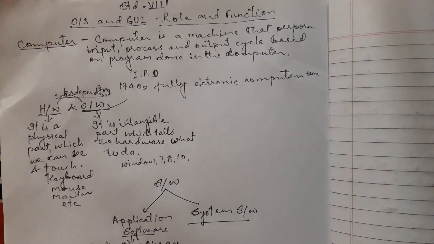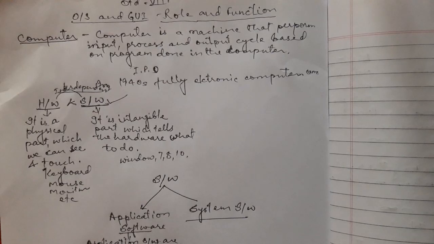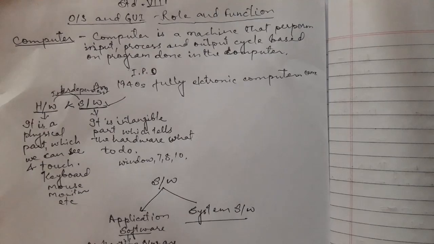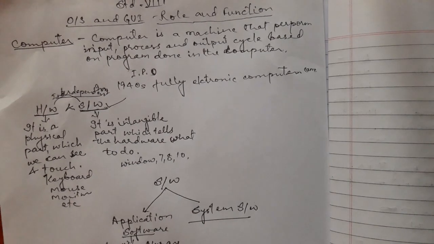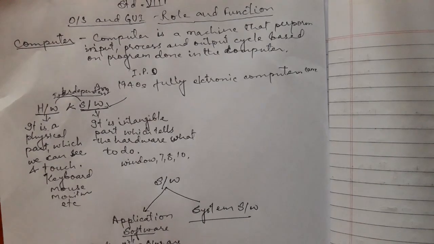And what does it mean by a specific type of job? It means that it does not handle or think about other software or hardware, but it is for a particular type of work, like for writing letters, that is MS Word, for doing calculation, that is calculator, and likewise.